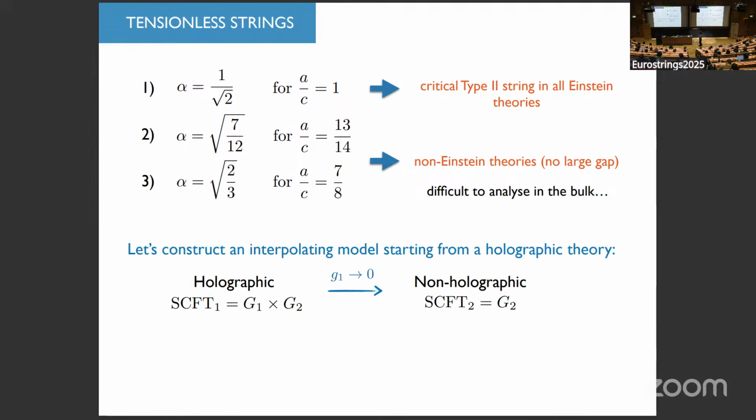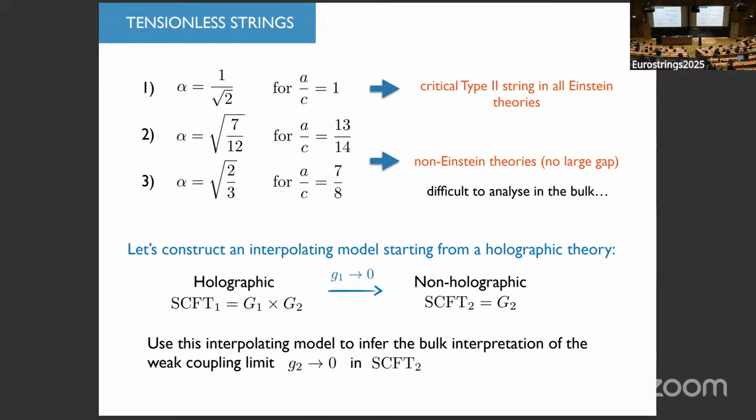But something we can do, and with this I will finish the talk, is construct some interpolating models that, starting from some holographic CFT whose bulk dual we know, we can take some limit and obtain these other non-holographic ones, and follow the limits to see what this string corresponds to.